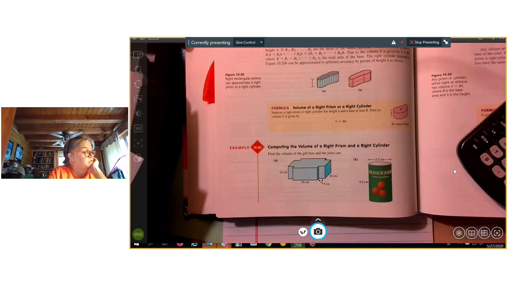So what would you think the volume of this thing would be? How would we go about this?